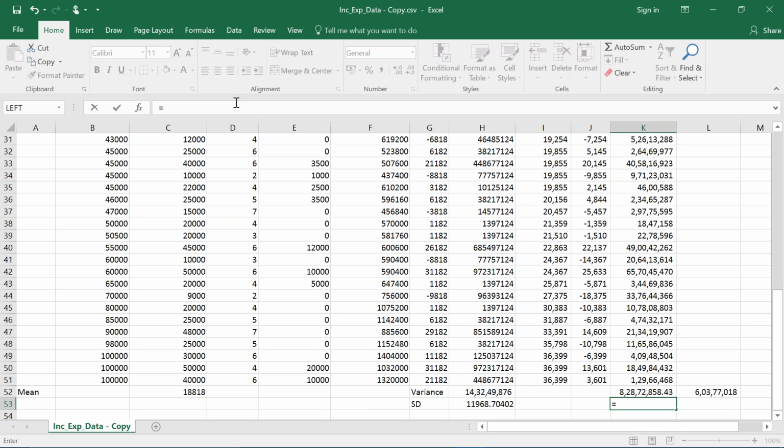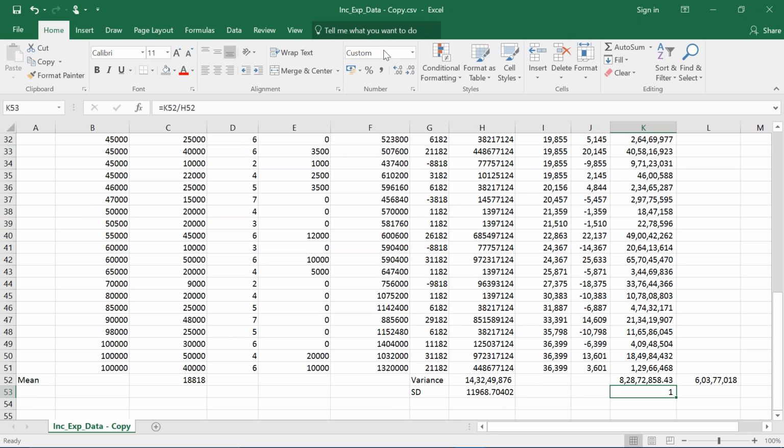Let me take a ratio of this divided by total. See, this is the unexplained error total.